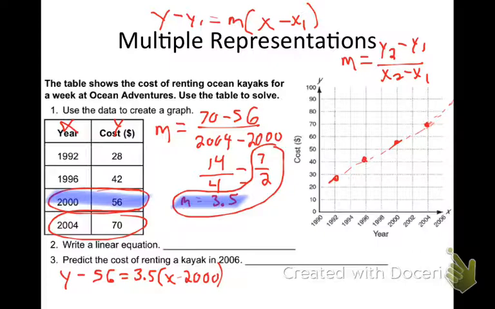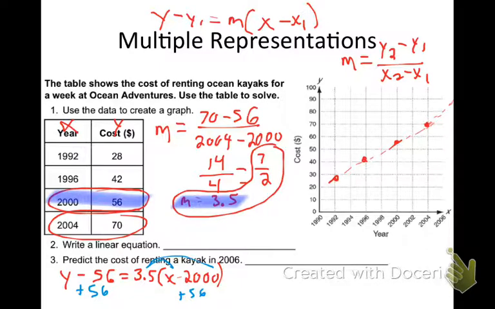Okay. Now that I have it in point slope form, I'm going to change it to slope intercept form. What are the two things you got to do to change point slope form to slope intercept? You have to distribute and solve for y. Yep, I'm just going to distribute and solve for y. So I distribute, and then I add the 56 to the other side.